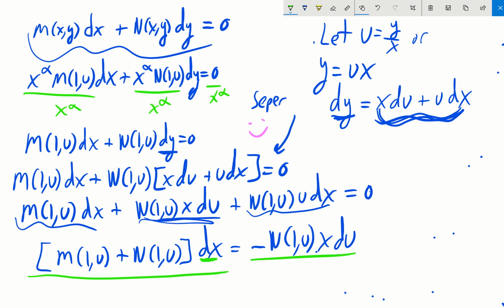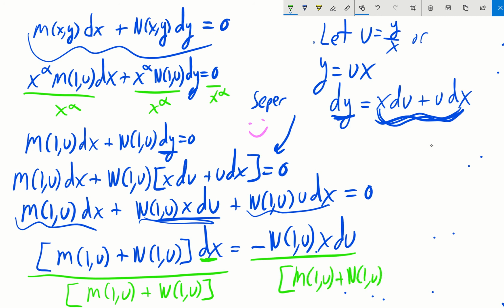So I want all of my x terms on the left side and all of my u terms on the right side. I can divide by this quantity, m of 1 comma u plus n of 1 comma u times u, on both sides. And I want to get rid of this x over here, so I'm going to simultaneously divide both sides by x.